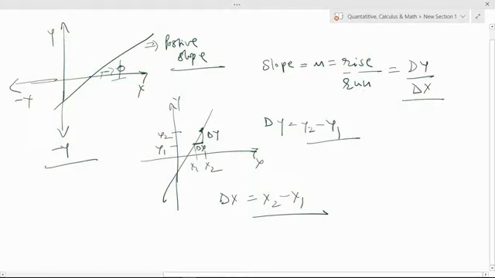So if you are going to calculate the slope of the line, I just need 2 points on the line, and these 2 coordinates are what I'll use to calculate the slope.